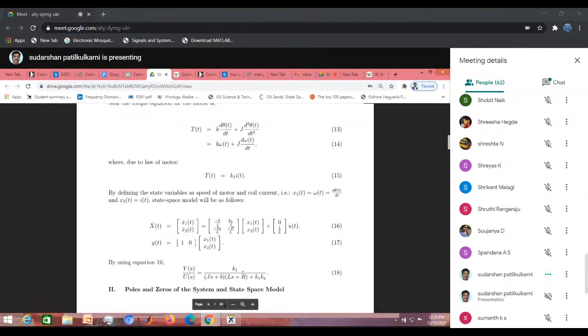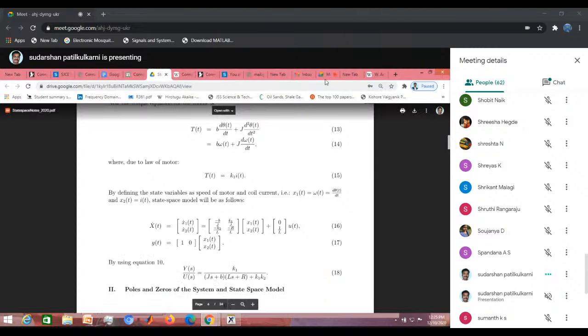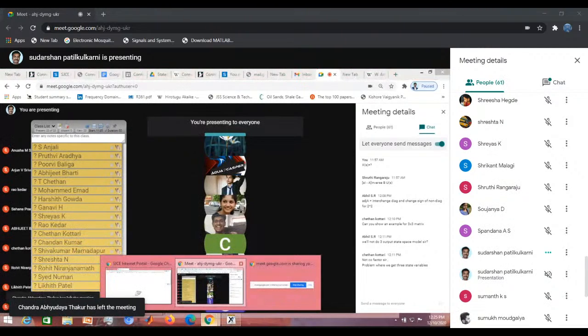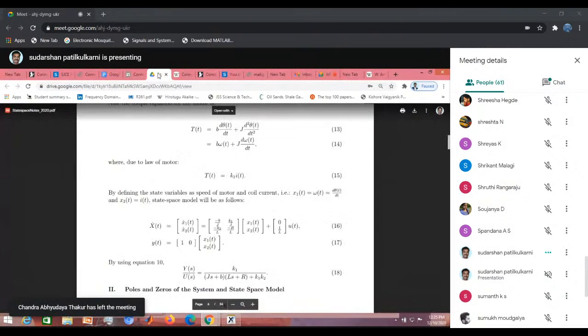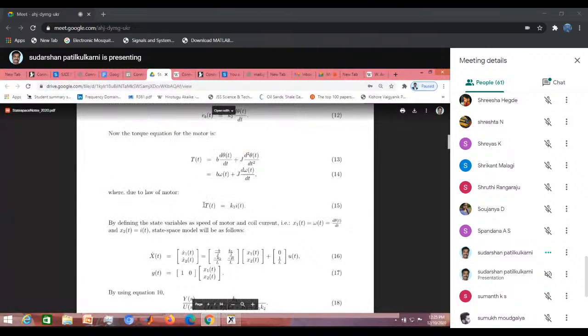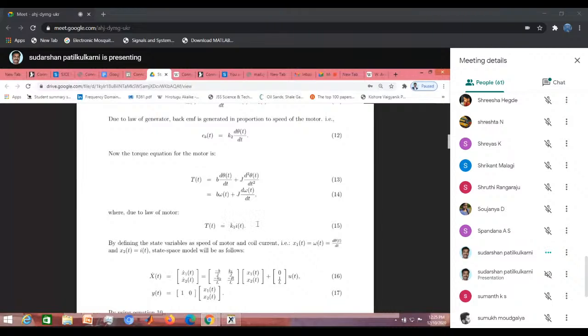Any question? Sir, that equation number 15, can you tell how we got that equation 15? That is by the law of motor that we discussed earlier, when we discussed the transfer function. The torque induced is proportional to the armature current. That is the law of motor.